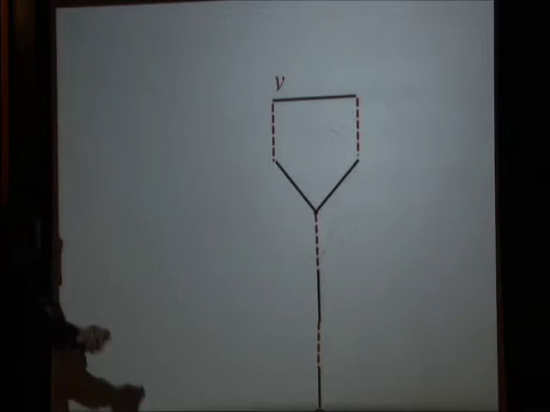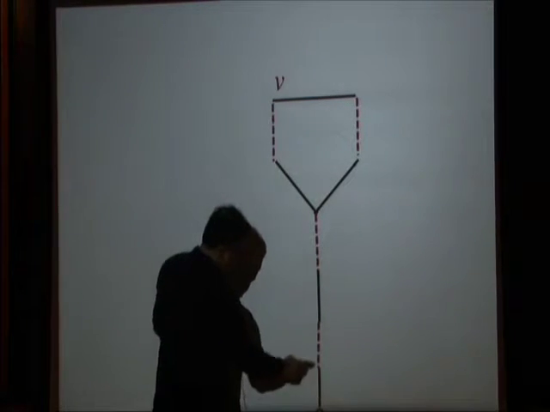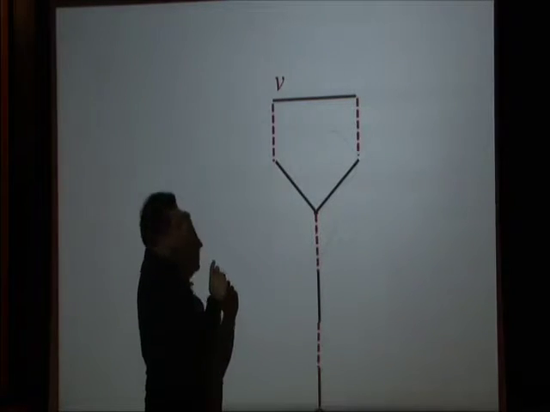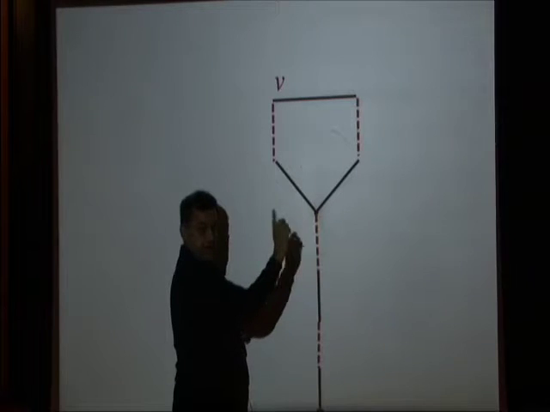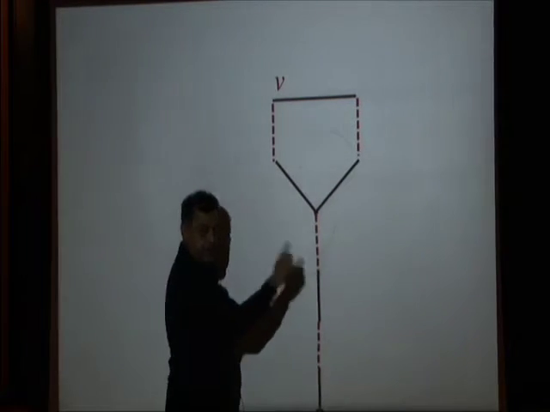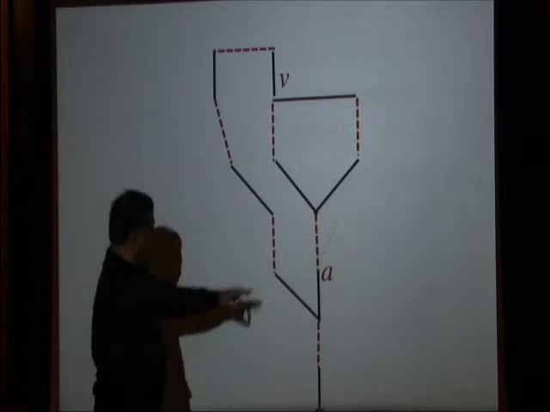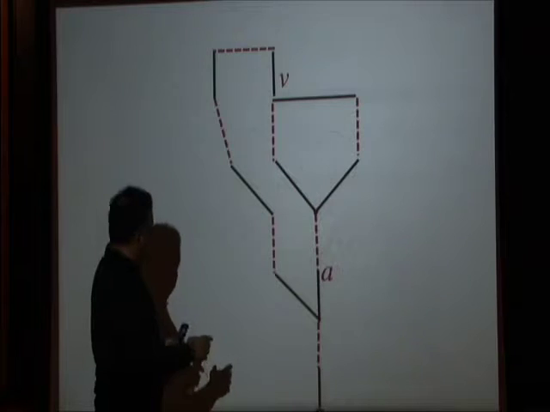Yeah, one sec. So what's the odd length path to V? 1, 2, 3, 4, 5, 6, 7. Okay. Here 8. No 9, because this is self-intersecting. No 10. Okay. But if you want 9 and 10, if you want odd path to this and even path to this, there are, if you see the rest of the graph.